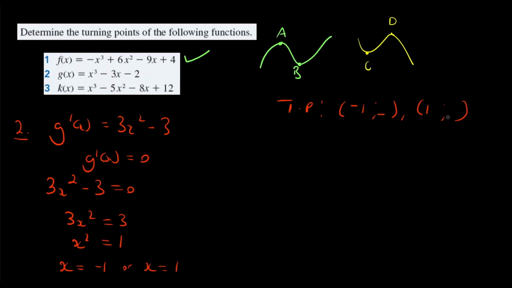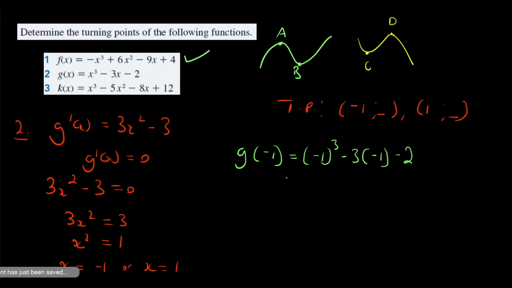So we need to find the y values of the turning points, and we find that by substituting these x values, first the x value being negative 1, into the original function: negative 1 cubed minus 3 times negative 1 minus 2. When you substitute that into your calculator, this will be equal to 0.